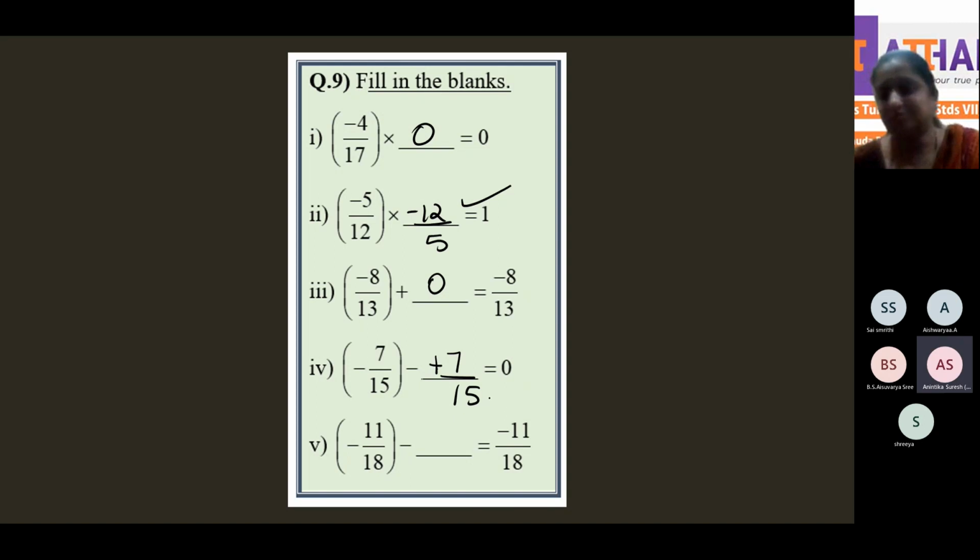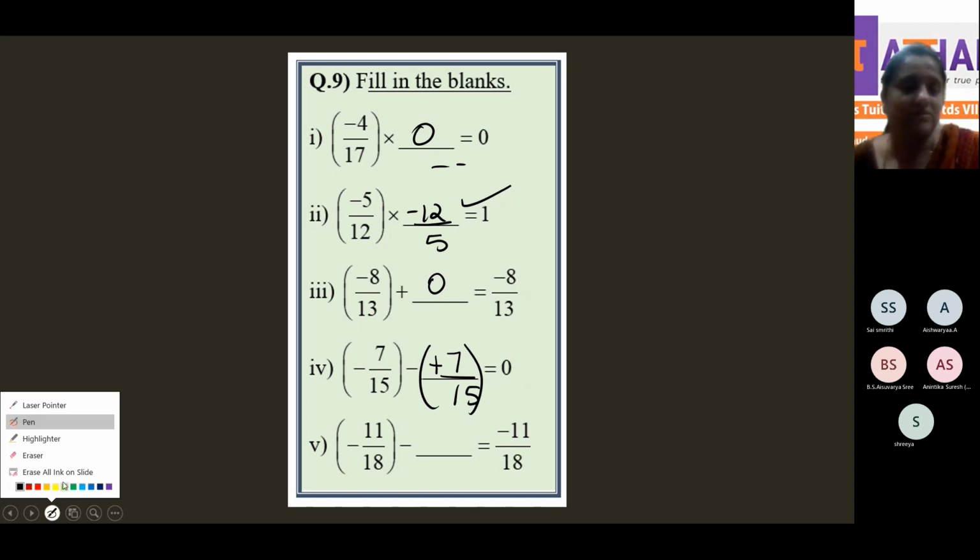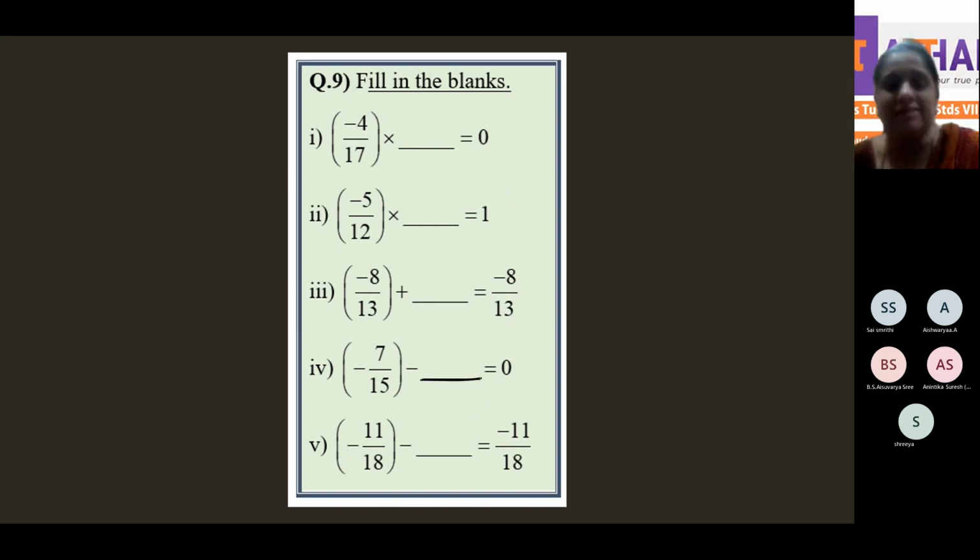No, Sai Smriti was right. She said minus 7 by 15. Yes, but in brackets. Whenever we have two signs, you should have told me in the bracket, minus 7 by 15. It's a blank, so you're free to write whatever you want there.